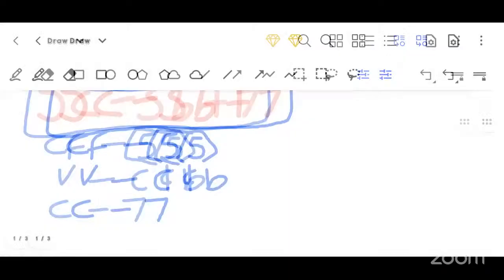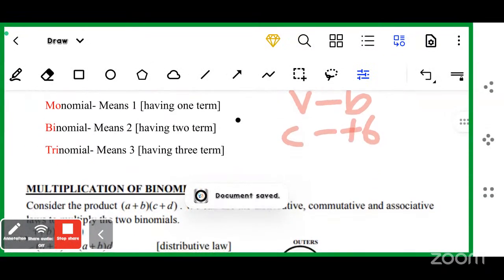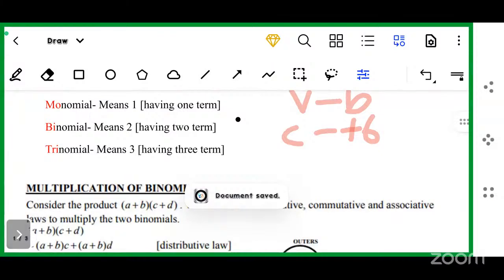I also wanted you to bear in mind that we have what we call monomials, binomials, and trinomials. Today we're going to be dealing specifically with binomials. When you're dealing with monomials, this is where you have one term.